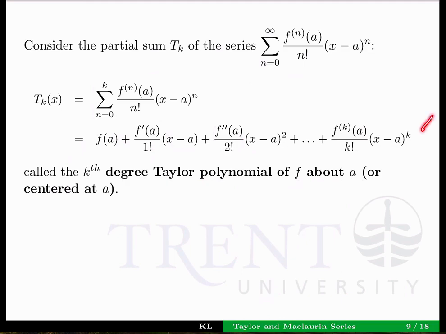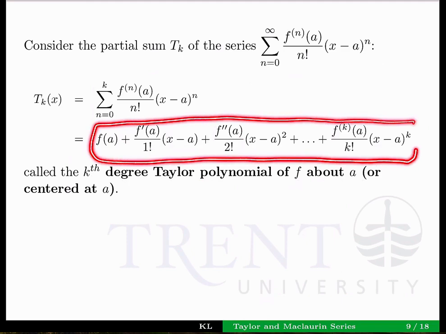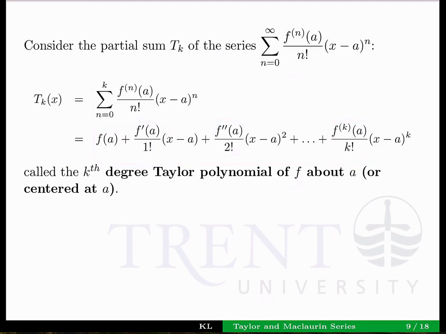So this one is a polynomial. Kth degree because the highest power here is k, but all the rest, the highest power for each is less than k. So all in all, the highest power is k.